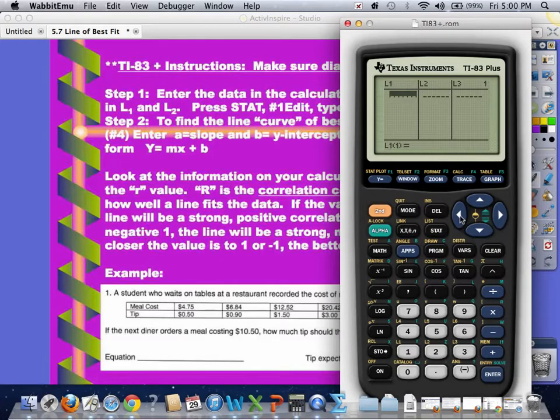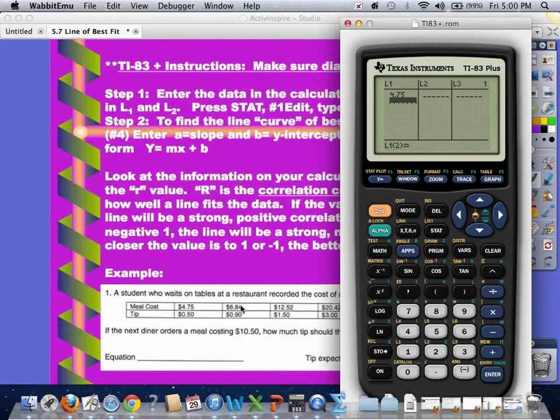All right, so we start at L1. I'm going to go ahead and type in the information in example 1, so when we get started on this, it'll go really fast. Every time you have a table, the first row is considered your X or L1, and the second row is L2, and so on. So I'm going to type in all my L1s. This is going to be 4.75 and hit enter.